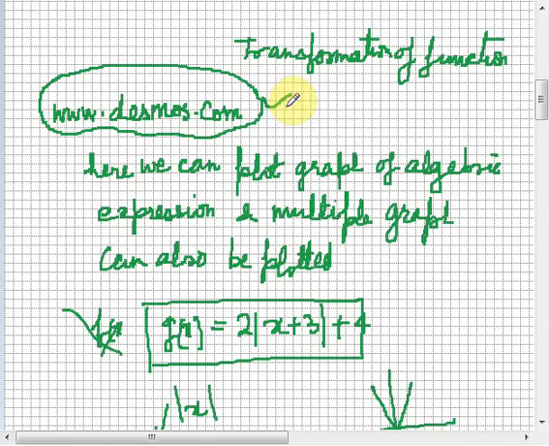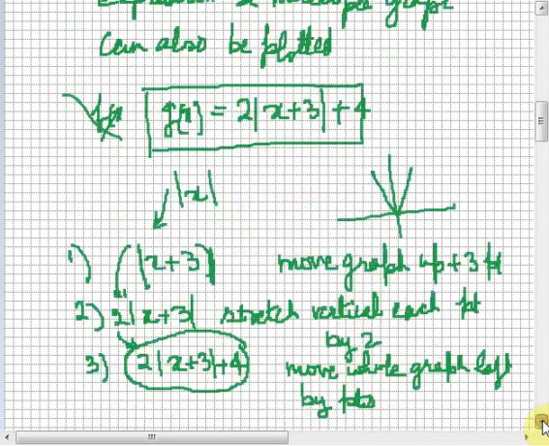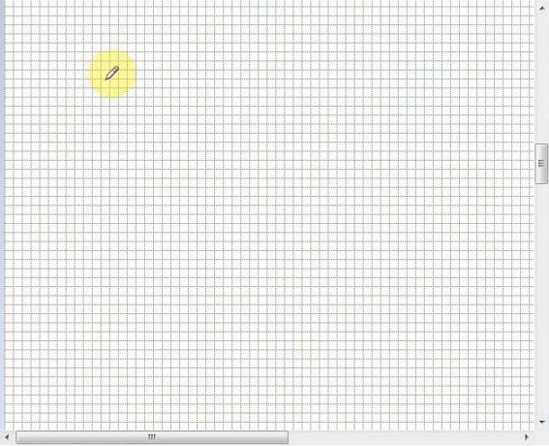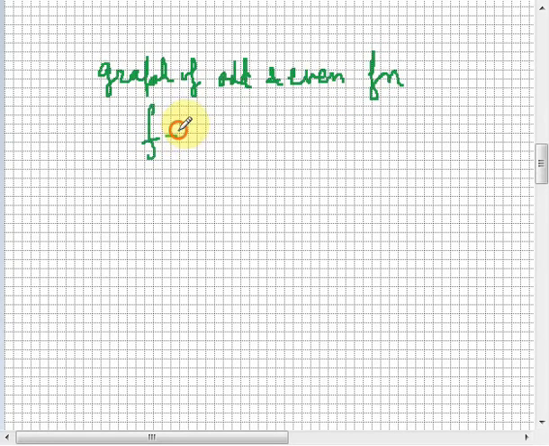One thing I have forgotten, graphs of odd and even functions. What is an even function? If f(-x) is equal to f(x), then the function is even, and if f(-x) is equal to -f(x), then the function is odd.